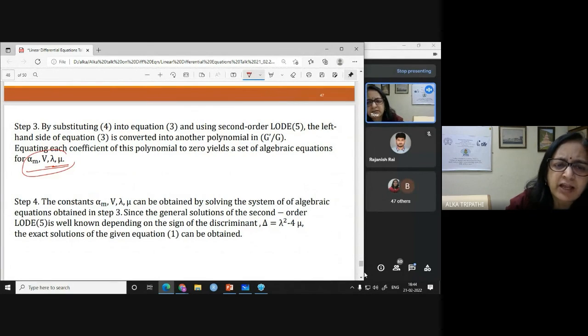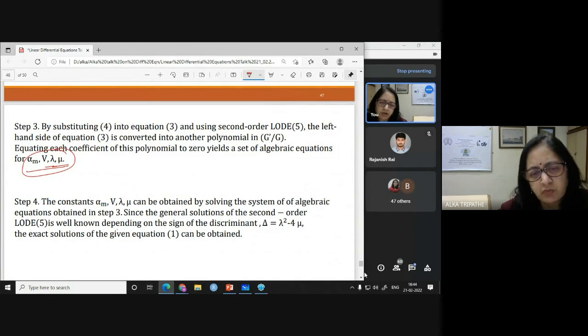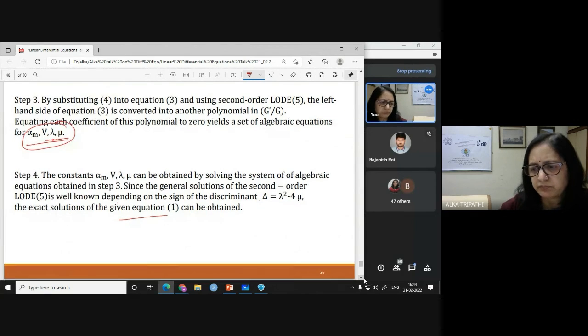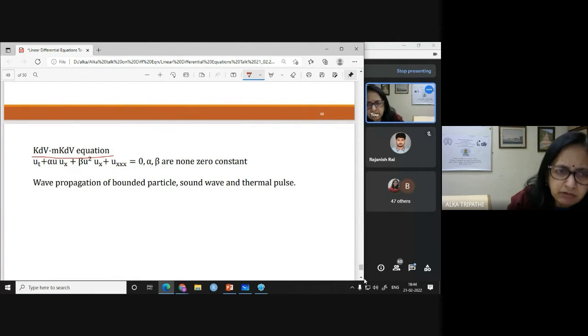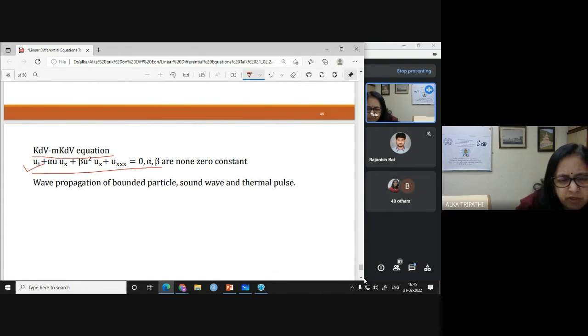Once we have these values, we have our value of u. For example, there is one KdV and mKdV equation, which is a traveling wave equation, describing wave propagation of bounded particle, sound wave and thermal pulse equation. In this case, we assume that ξ is equal to x minus vt.